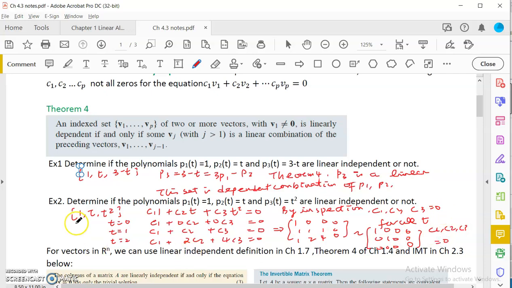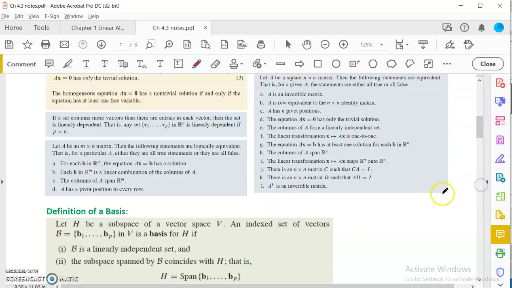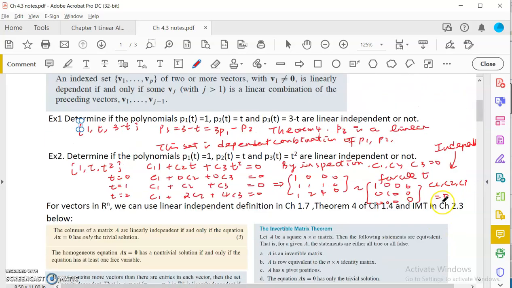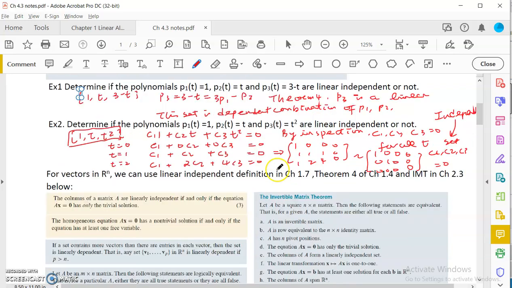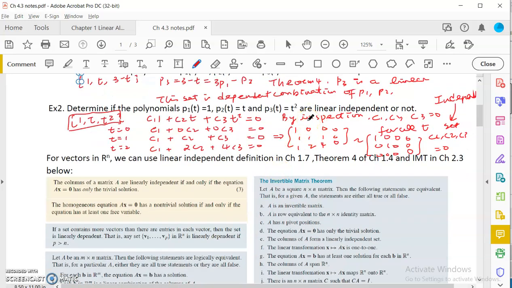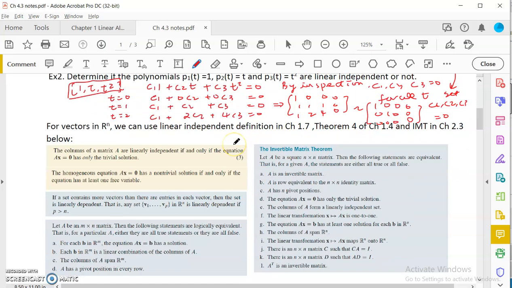So the conclusion is that this must be an independent set. Not the previous set, but this set. This is an independent set. Okay, so that's how you prove it, instead of just saying by inspection, which is kind of strange.